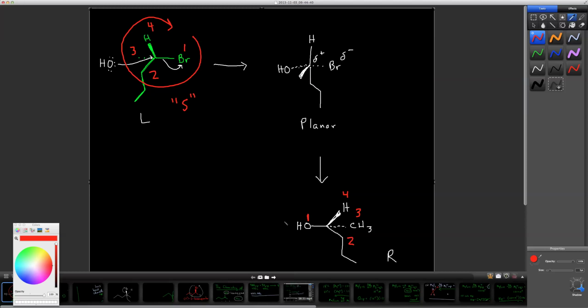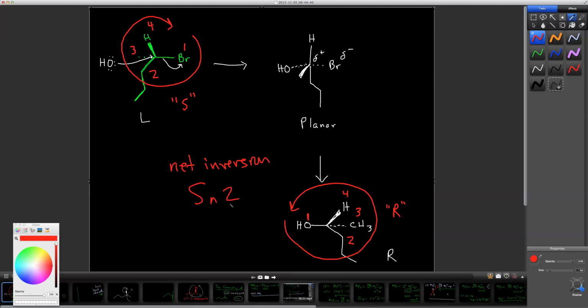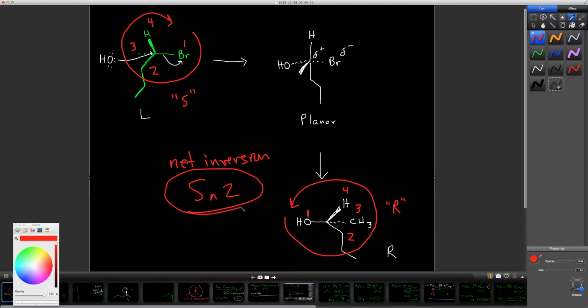Priority 4 is going away from us. We're going to go 1 to 2 to 3. That would be S. We flip it because the low priority is not oriented away from us, the viewers, and this is R. This is referred to as net inversion, and it is a hallmark of the SN2 mechanism.